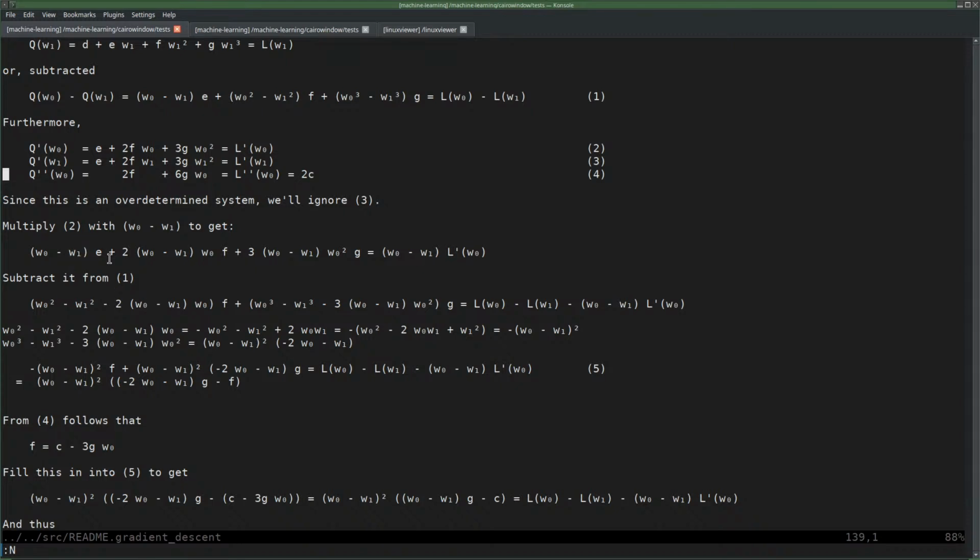And then we subtract that from equation 1. So then we get this minus that. That's 0. And then this minus that. So in other words, W0 squared minus W1 squared times F, but minus 2 times W0 minus W1 times W0, that is times F, and you have to subtract that from this thing.